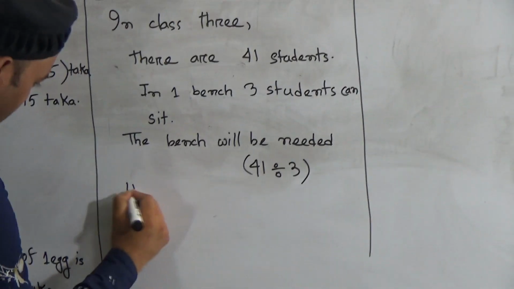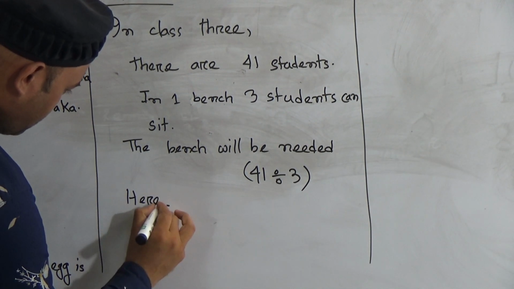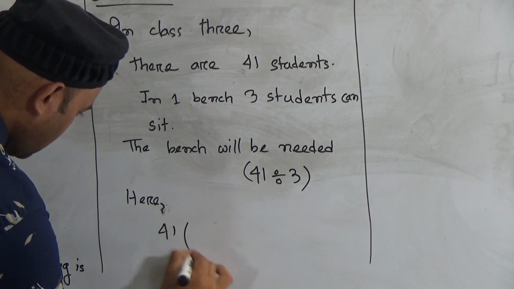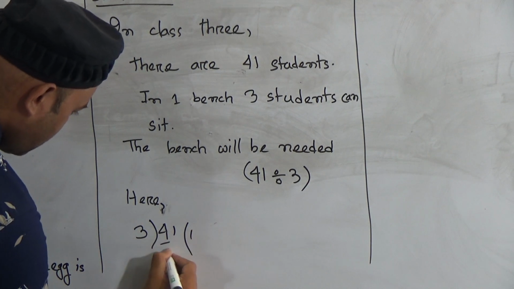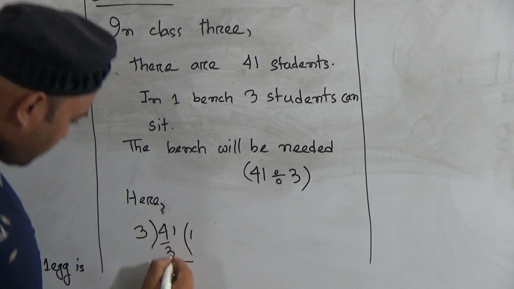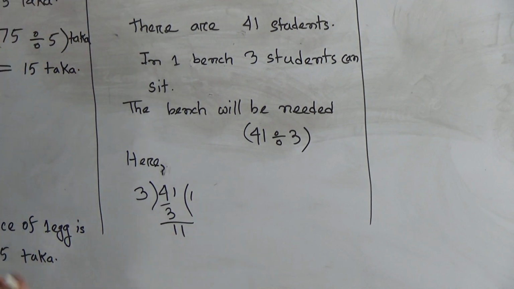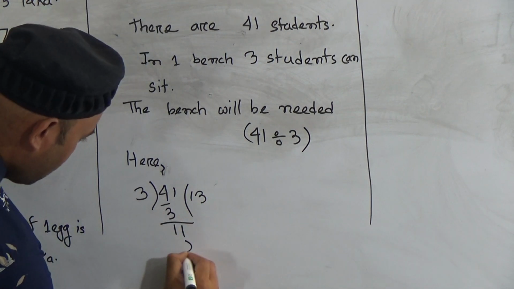Here you have to divide 41 divide 3. 3 ones are 3. Subtract 3 from 4, it will be 1. Bring down 1 here, 1 and 1, it makes 11. We know that 3 3s are 9.